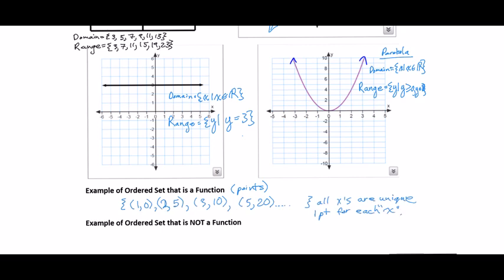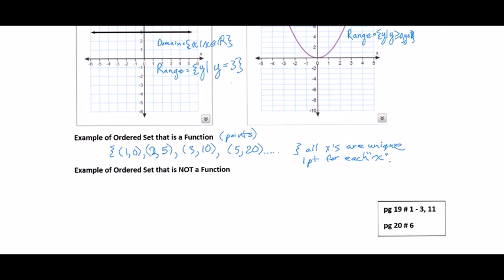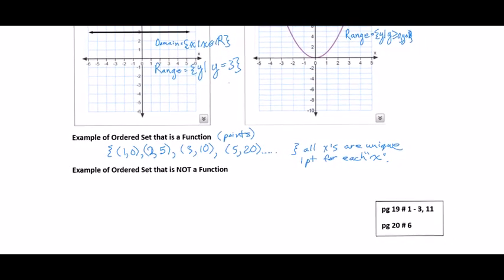Now, let me give you an example of a set that isn't a function. Imagine I have a set of points that look like this: 1, 0, 2, 5, 2, 6, 3, 6, 5, 6.